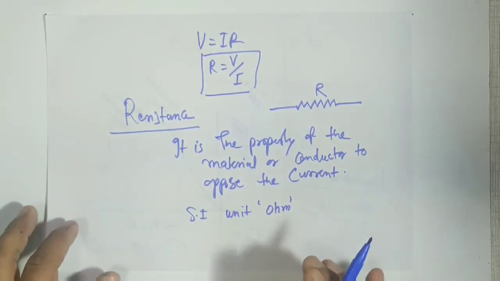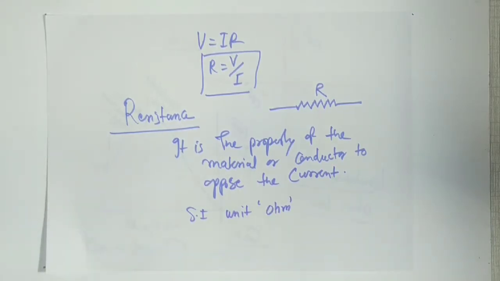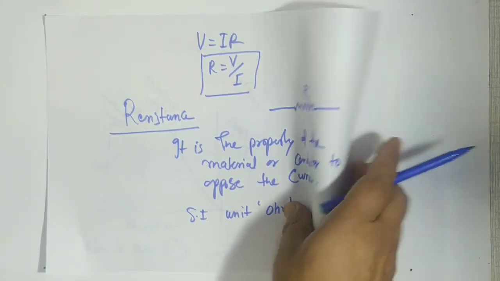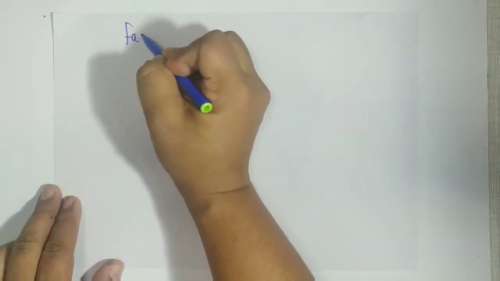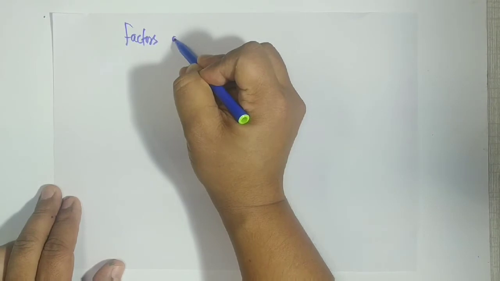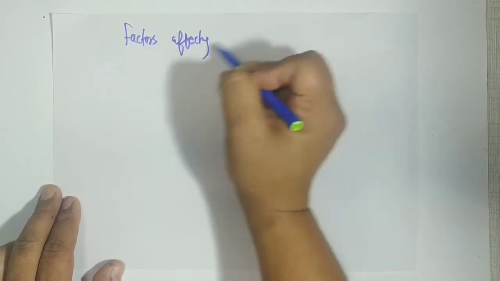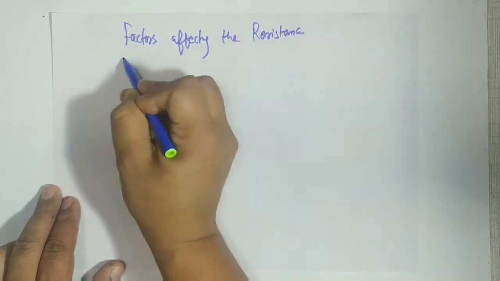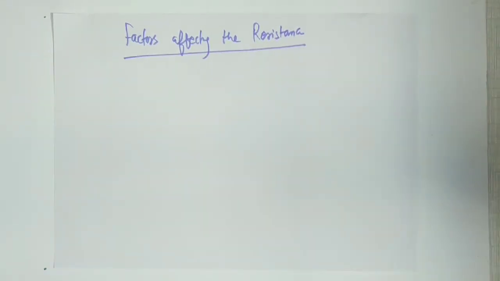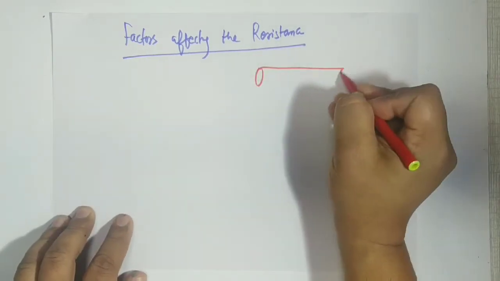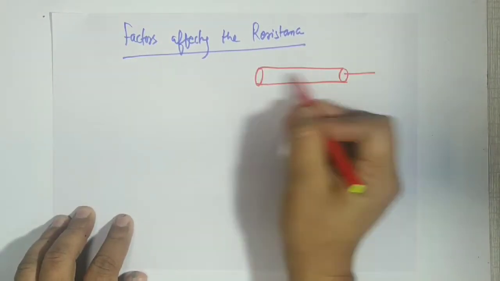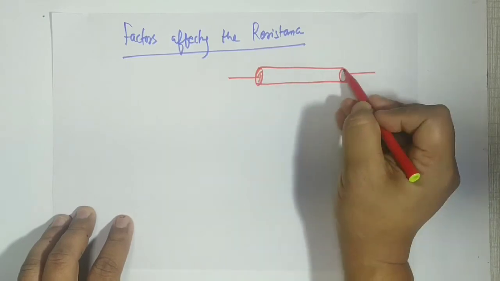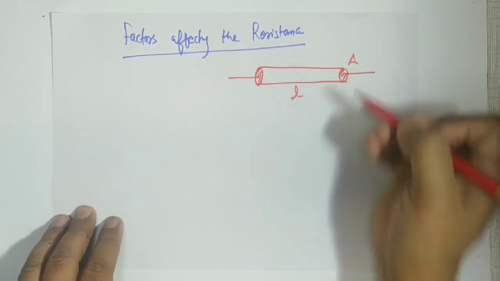Okay. Now for resistance, there are some factors affecting the resistance. Now we will talk about resistance. Factors affecting the resistance. Now if you remember, say there is a wire or a conductor like this. Now this wire has a length and it has a cross-sectional area.